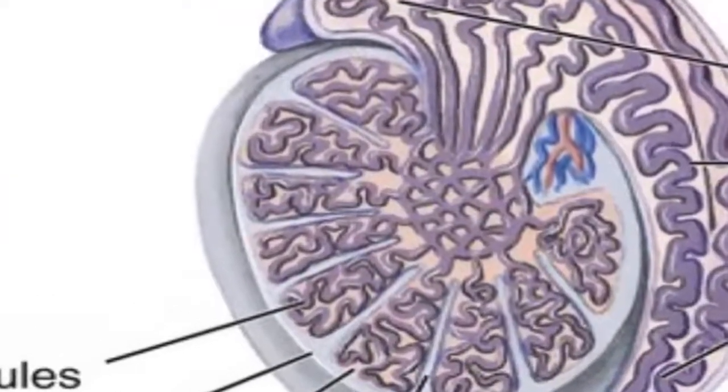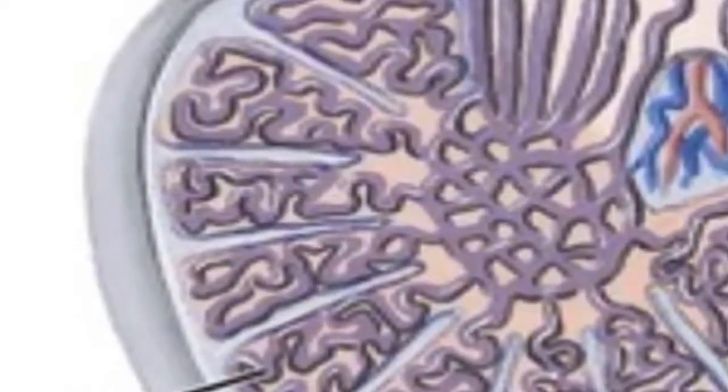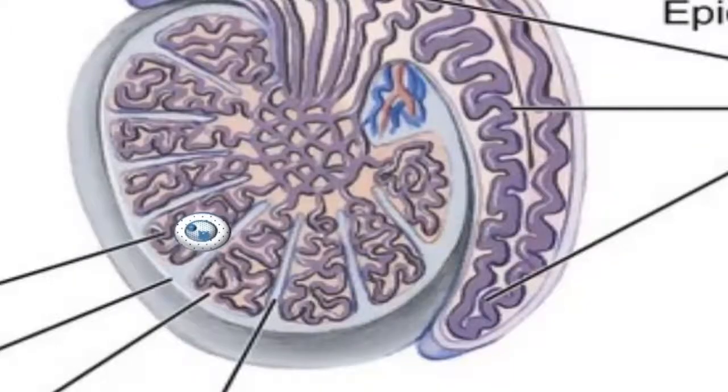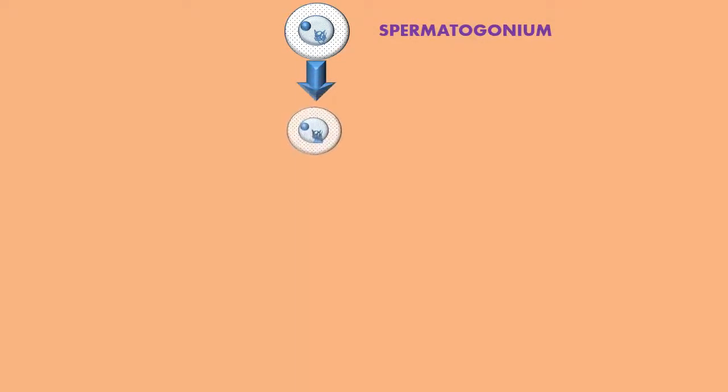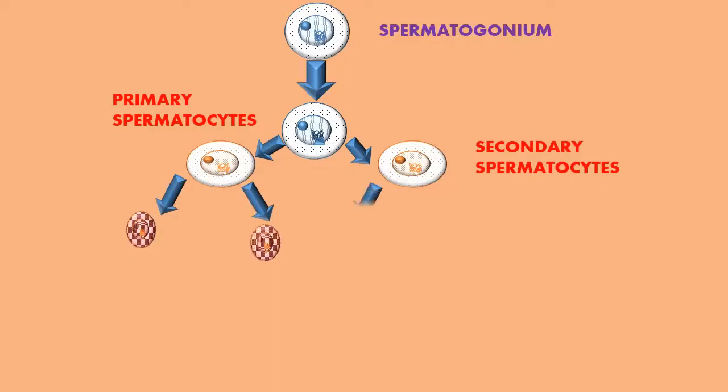There, a spermatogonium cell undergoes mitotic division and forms primary spermatocytes, followed by meiotic division and produces secondary spermatocytes and spermatids, which lead to mature sperms.